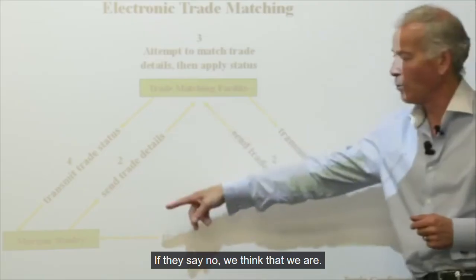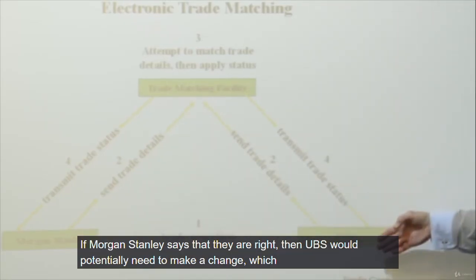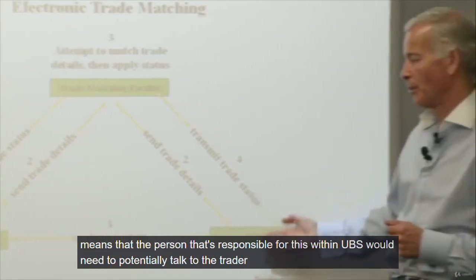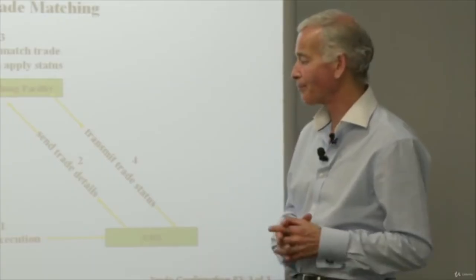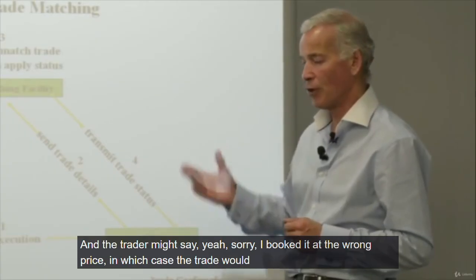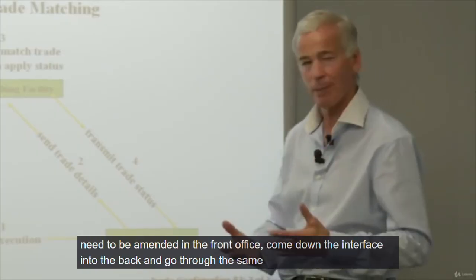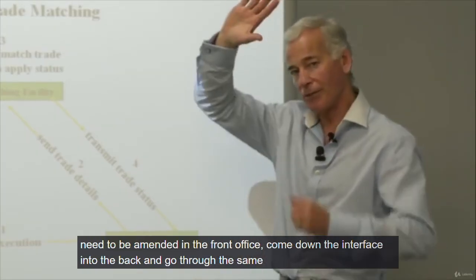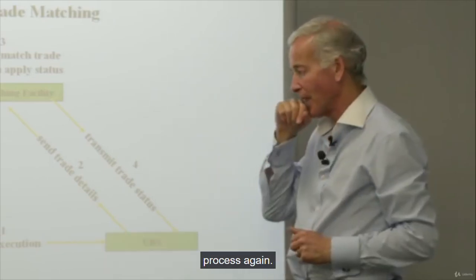If Morgan Stanley says that they are right, then UBS would potentially need to make a change, which means that the person that's responsible for this within UBS would need to talk to the trader internally, and the trader might say, yeah, sorry, I booked it at the wrong price, in which case the trade would need to be amended in the front office, come down the interface into the back office, and go through the same process again.